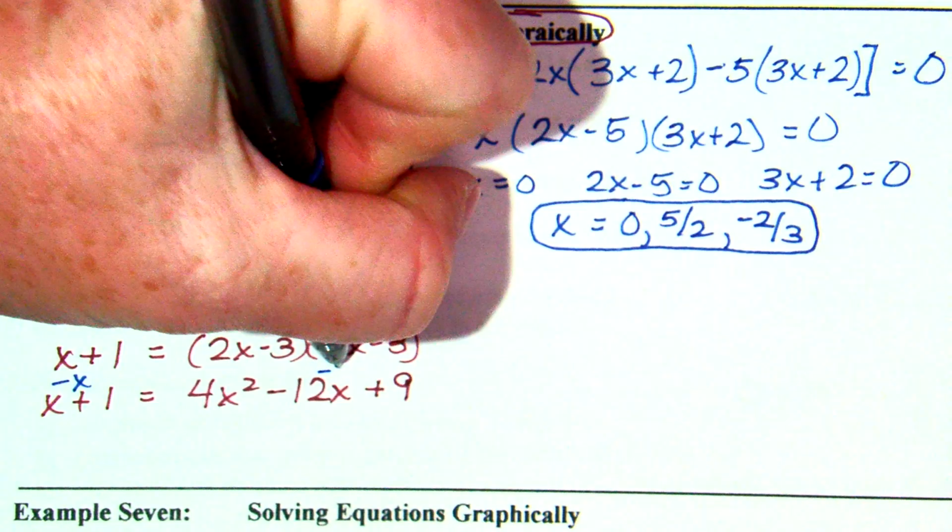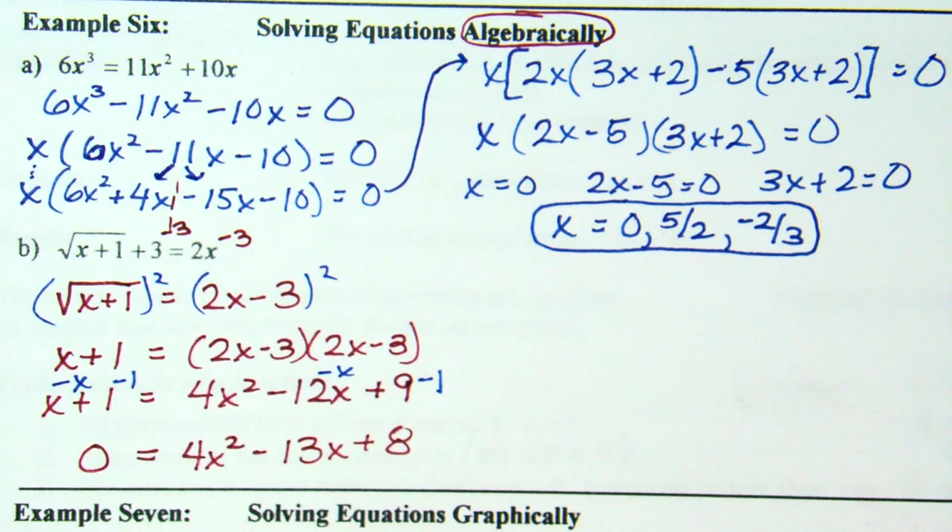If it's a plus 1, I'm subtracting 1. So 0 equals 4x squared minus 13x plus 8. What's next?